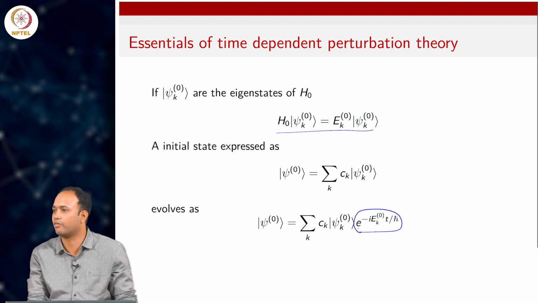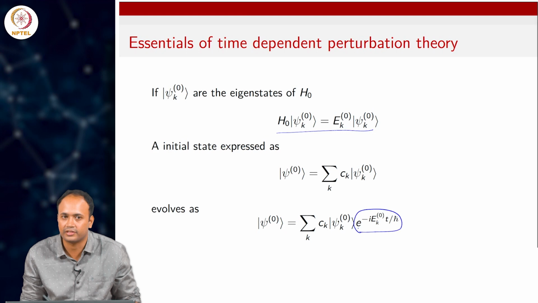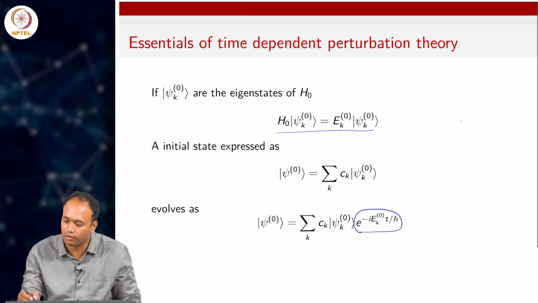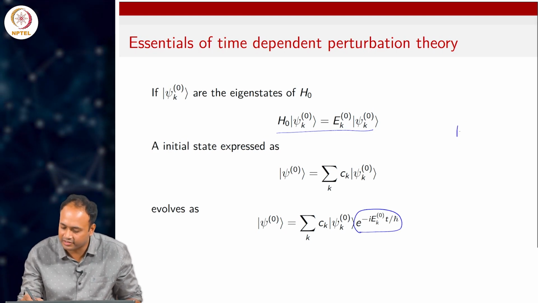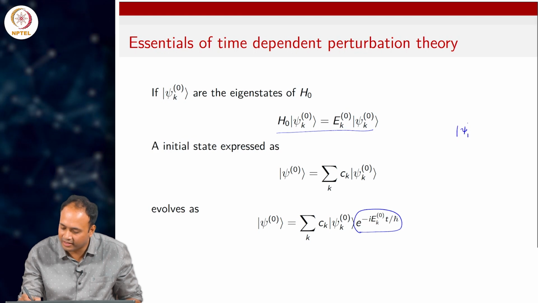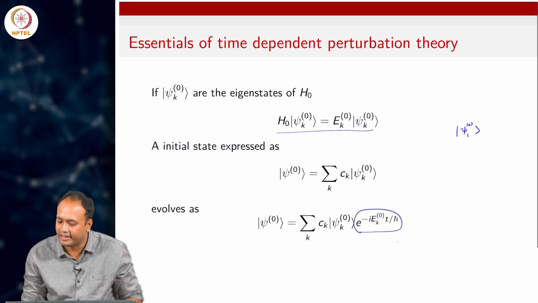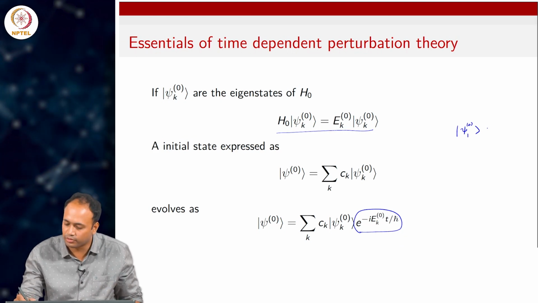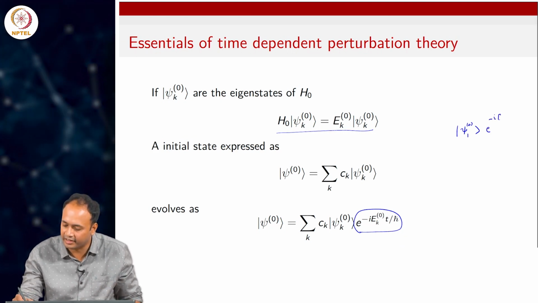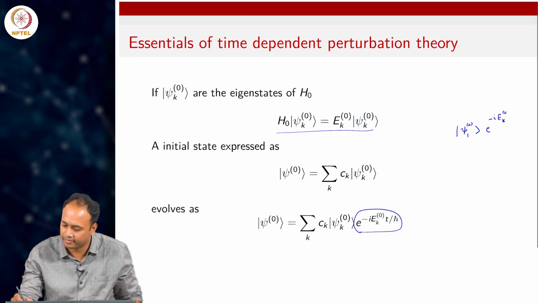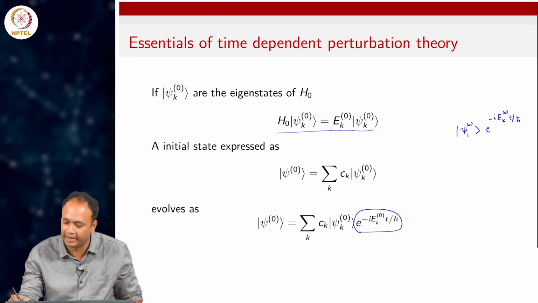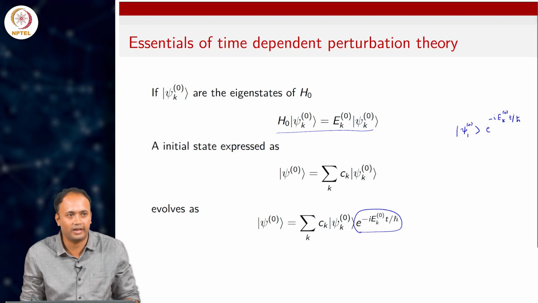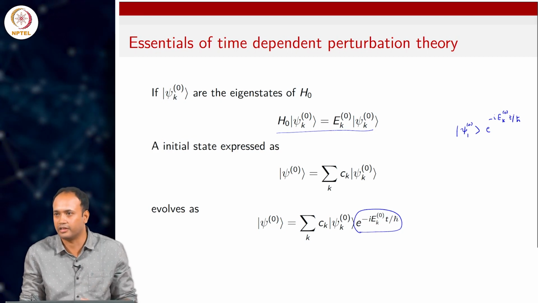This is a solution of the time dependent Schrodinger equation for an eigenstate. So if I start off with some eigenstate, let's say psi 1, and then ask what is the state after a certain time t, it is going to be exponential minus i E k naught t by h bar, right? It picks up this phase. That is a solution for the time dependent Schrodinger equation.